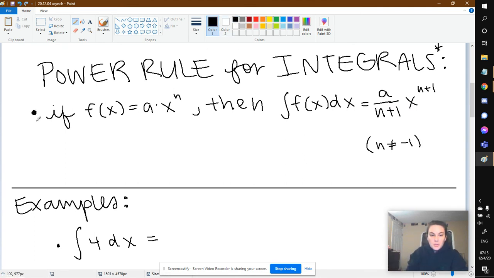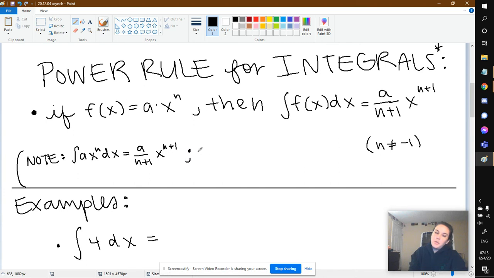And then I'm going to write a side note. The integral of ax to the n is another way to write this, right?